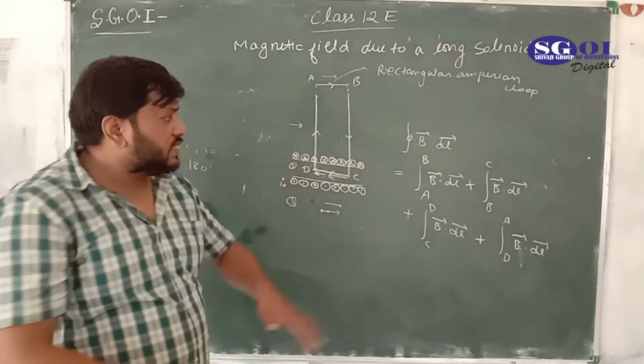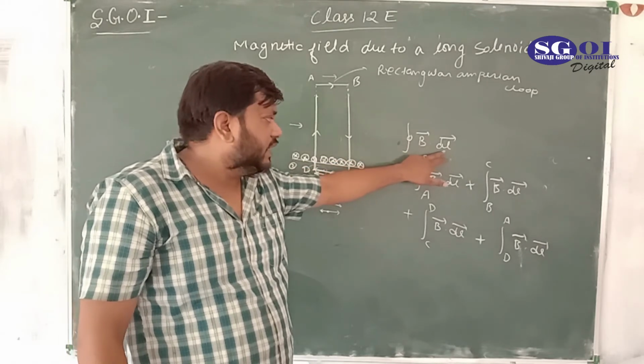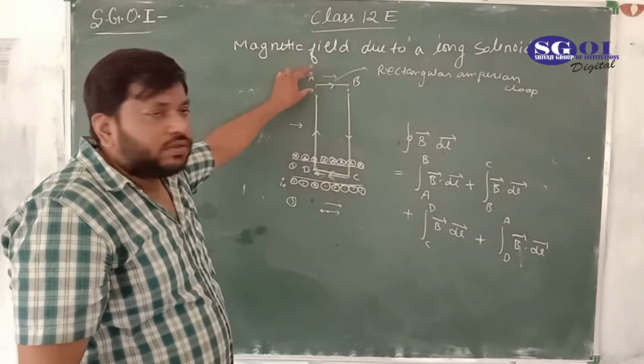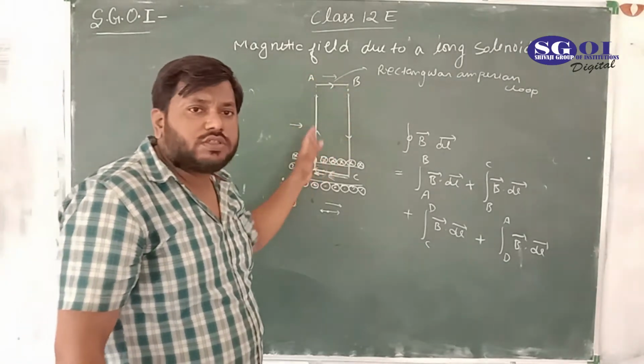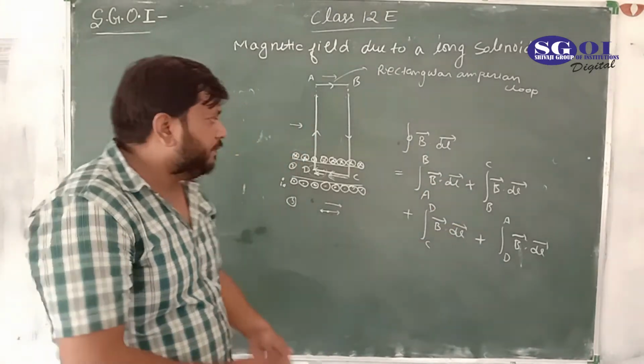So this closed loop line integration is solved by taking all the parts making this closed loop: A to B, B to C, C to D, and D to A.